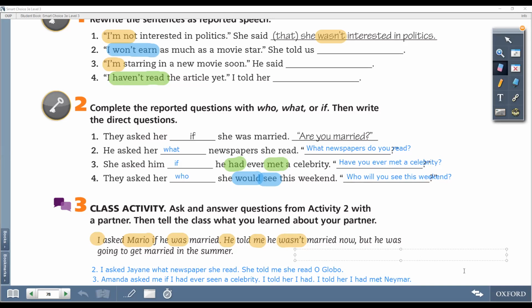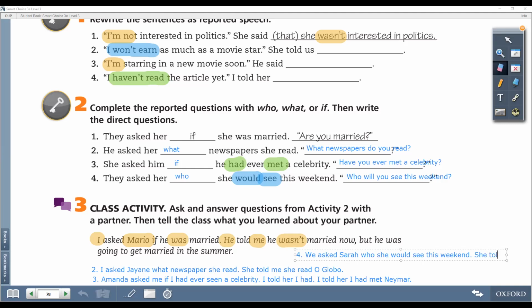Okay, so let's put here number 4, and we asked Sarah who she, now I cannot say who she will see, but who she would see. We asked Sarah who she would see this weekend.